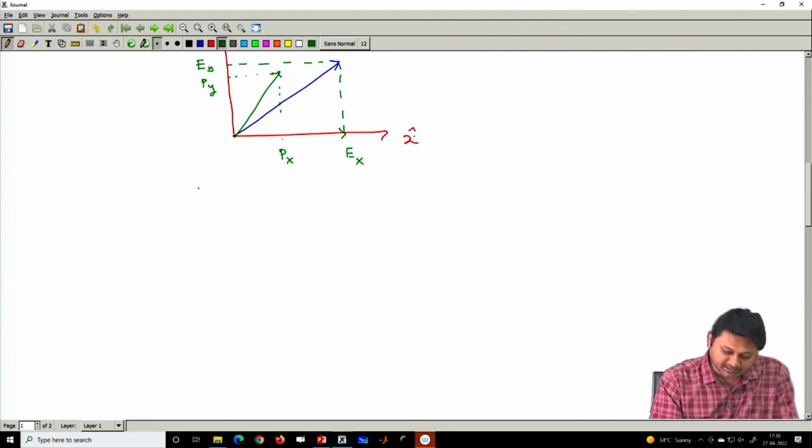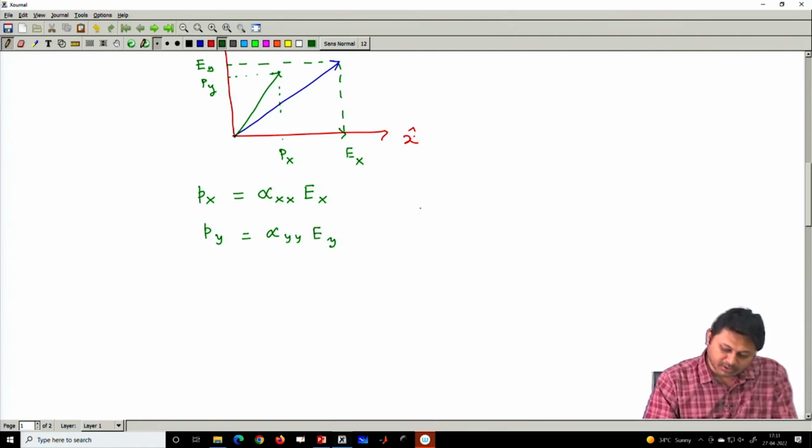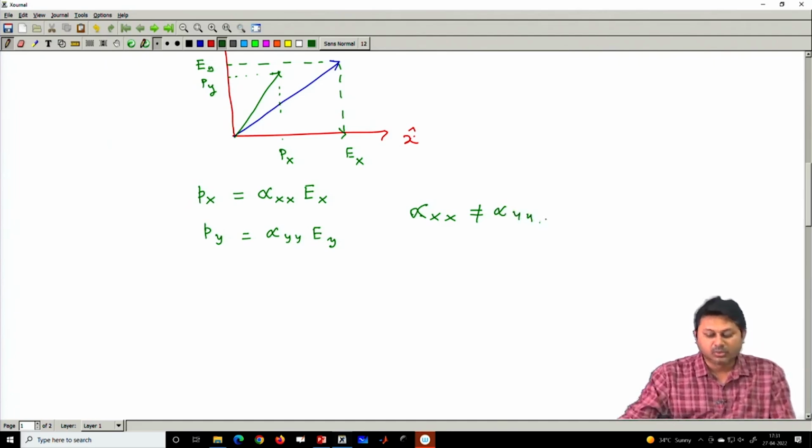Now Px equals alpha xx times Ex, and Py equals alpha yy times Ey, where alpha xx is not equal to alpha yy. This is one condition we can think of.